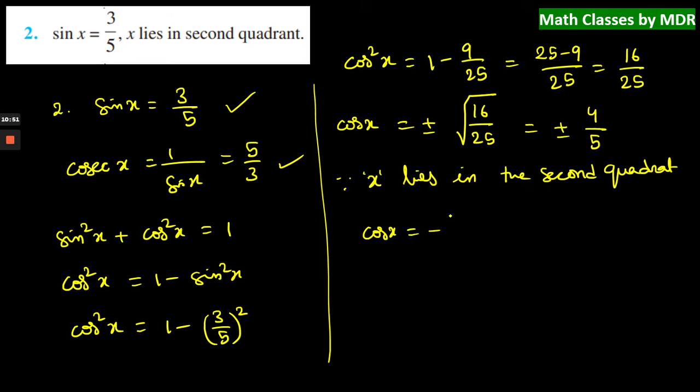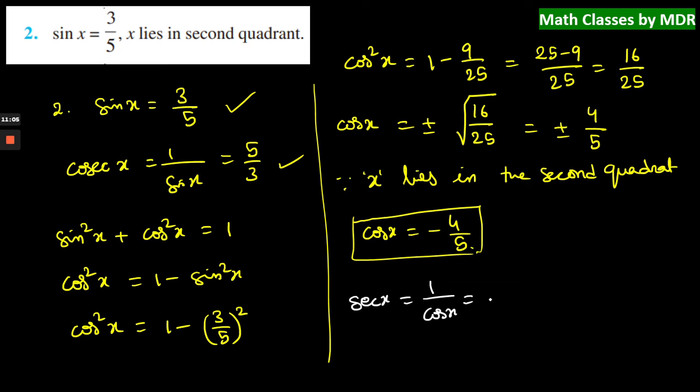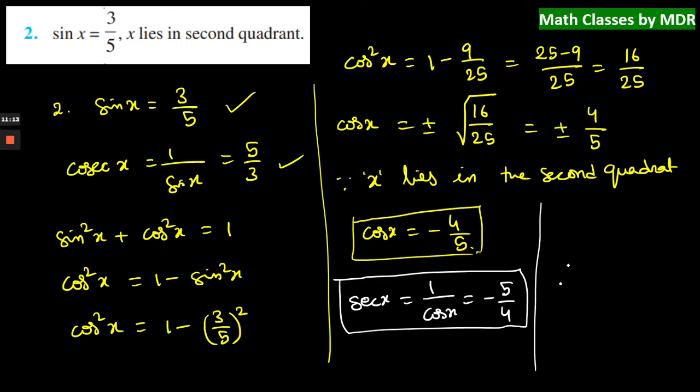So cos x is equal to minus 4 by 5. If cos x is minus 4 by 5, what is secant x? Secant x is 1 by cos x, that is equal to 1 by minus 4 by 5. When you take the reciprocal of minus 4 by 5, that is minus 5 by 4.